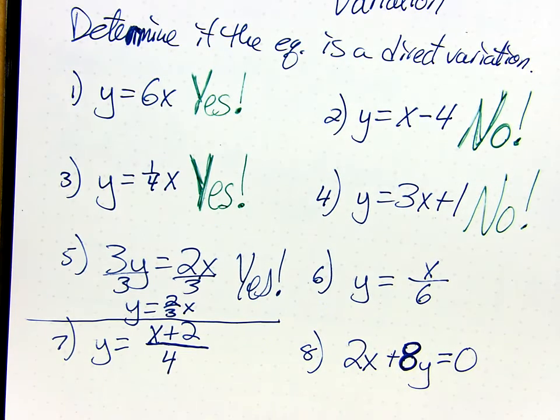So even though at first glance it didn't quite look like it, I was able to manipulate the equation a little bit. Now, in 6, y is already by itself, but is this y equals some number times x? Could I write it in such a way that it does look like y equals some number times x?